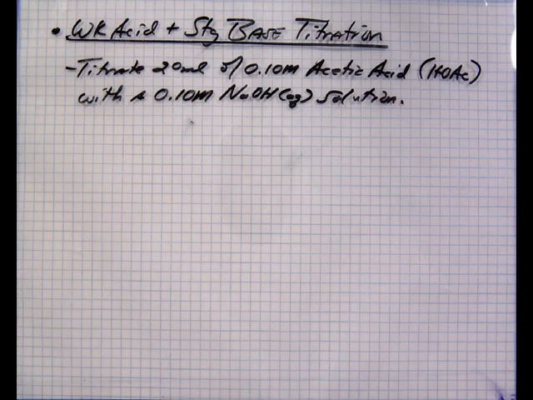Okay, now we want to look at the titration of a weak acid using a strong base. And this is set up in the same way that you set up the strong.